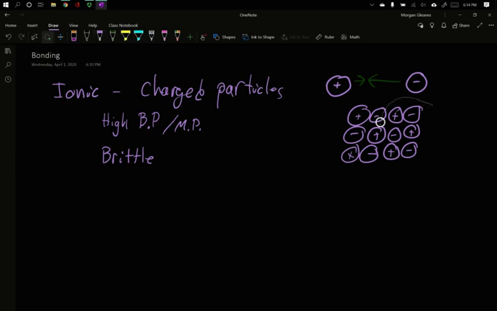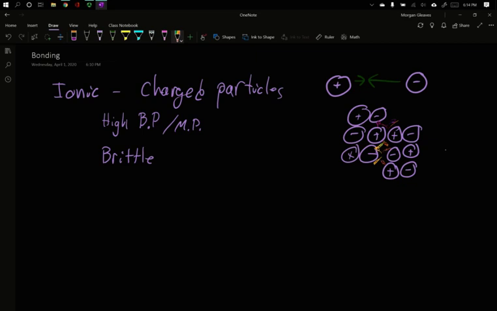If you think about what's going on for that, well, if we look at our ions over here, I've got some negatives and positives near each other. If this shifts down just a little bit, well, now I have positives and positives near each other. That's not good. And I have negatives and negatives near each other. Those repel.